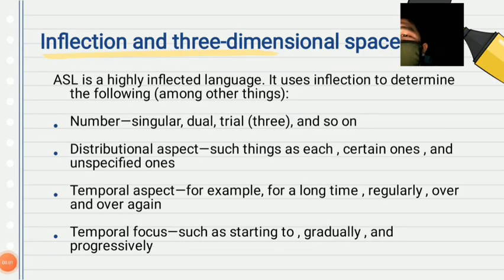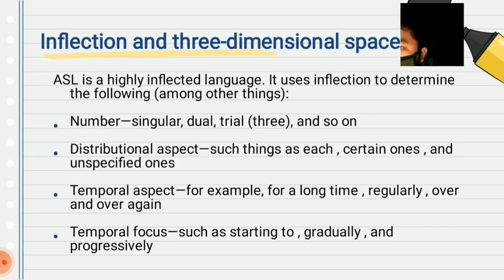Inflection and three-dimensional space. ASL is a highly inflected language. It uses inflection to determine the following, among other things. First, number: singular, dual, trial, and so on. Then distributional aspect, such things as each, certain ones, and unspecified ones.